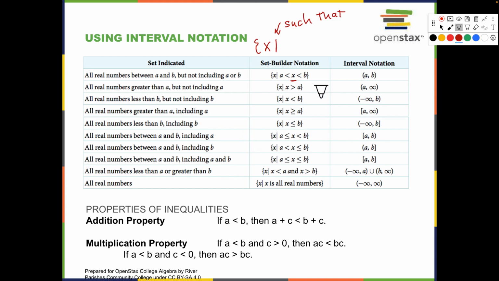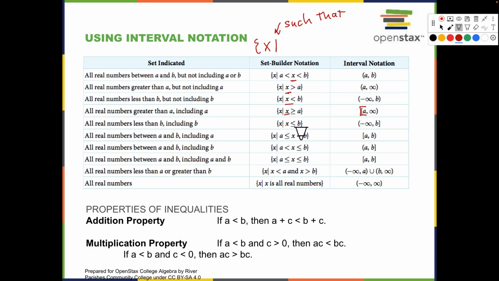So X can either be in the middle, it can be larger than a number, it can be smaller than a number, it can be larger than or equal to a number. And notice, just to emphasize it, when it has the equal to, it becomes a square bracket rather than a parentheses, because that endpoint is actually included.